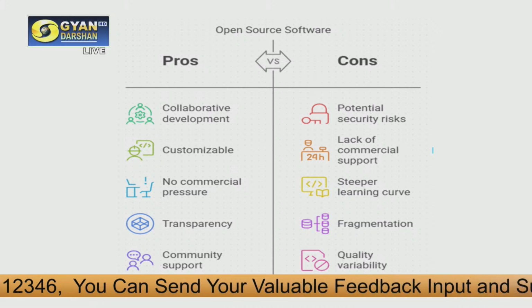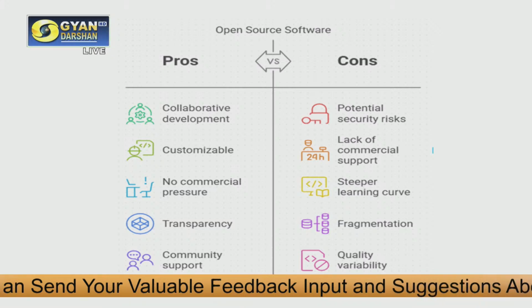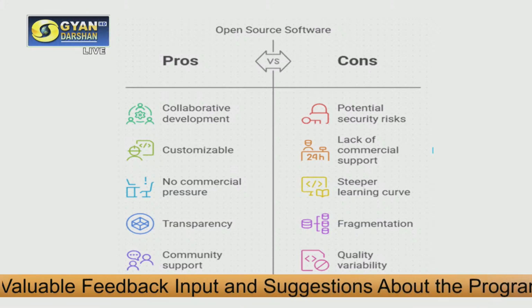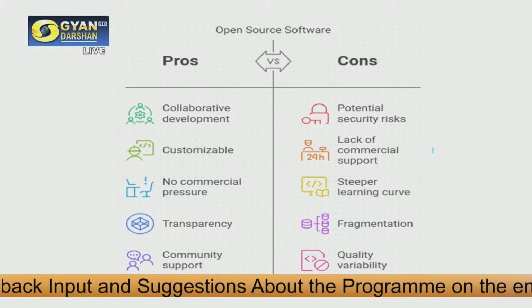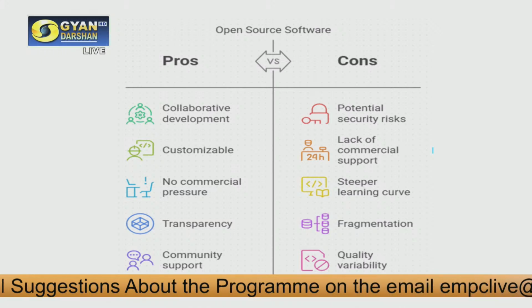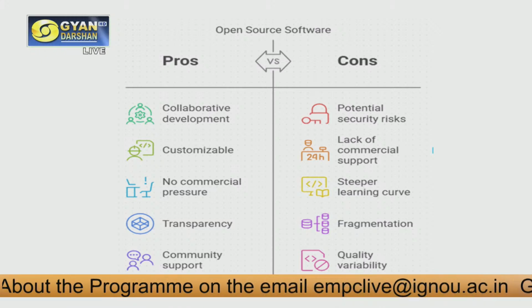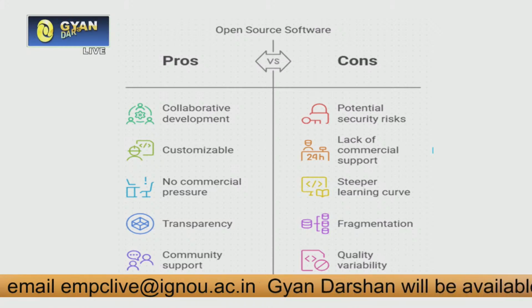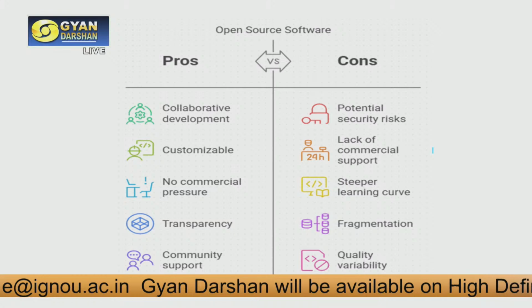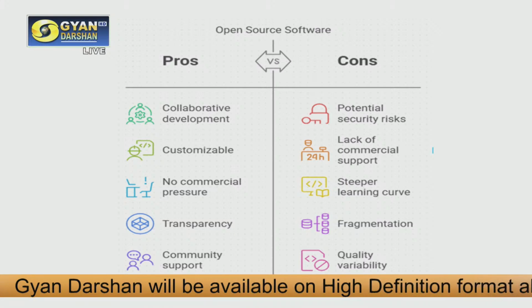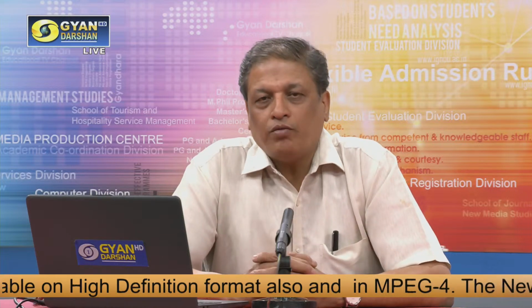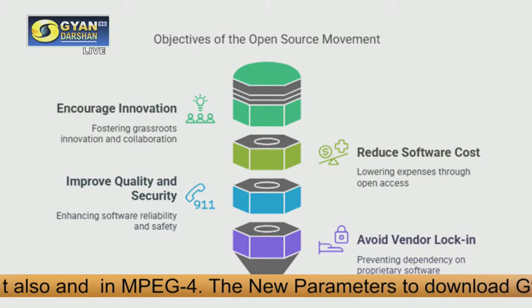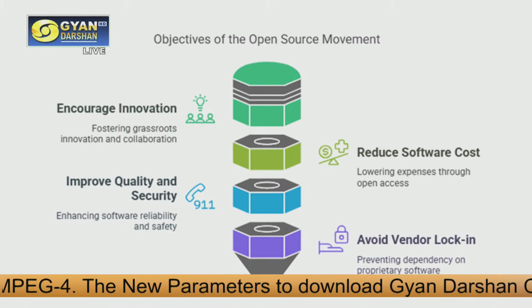So that's why there is a steeper learning curve, and there might be variability in the quality, because we need to have proper documentation, which might not be available in an open source community, because someone has to contribute about how the things are to be worked with. So as a result the quality might vary, and we need to have continuous improvement in the product. Now the objectives of the open source are to encourage innovations, because we need to be quite innovative in order to grow.